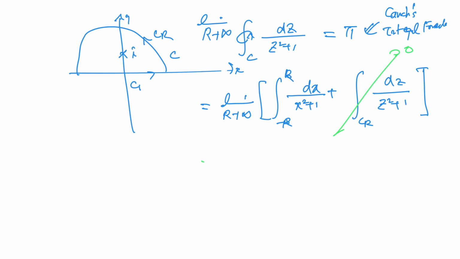So this is simply pi. So even though you do not know the derivative of arctangent x, you still can integrate this function in the complex domain and get the pi.